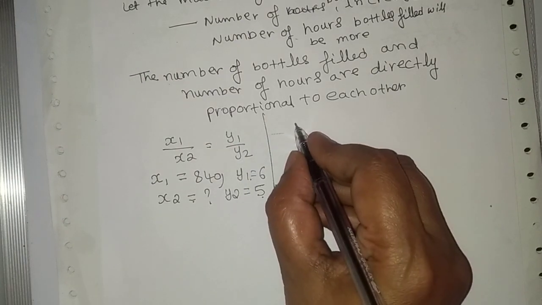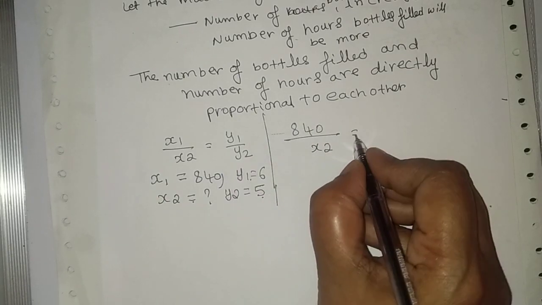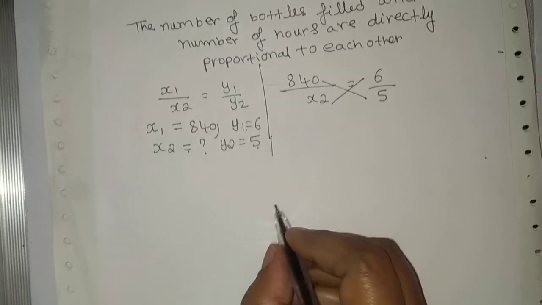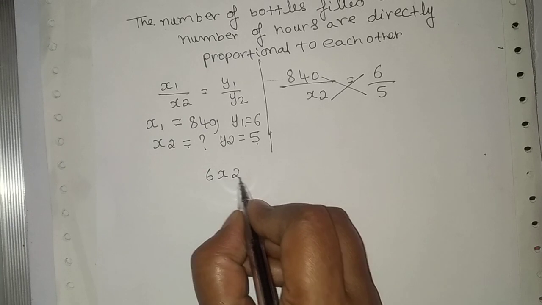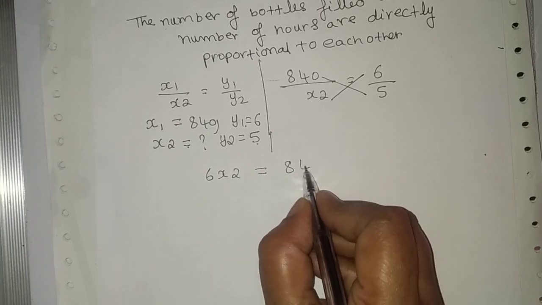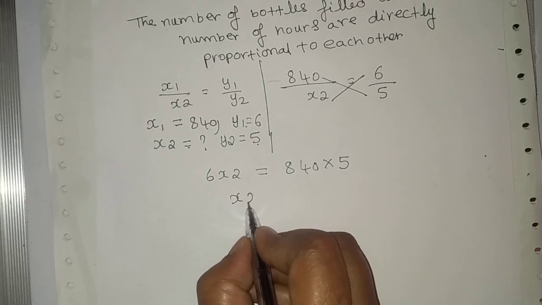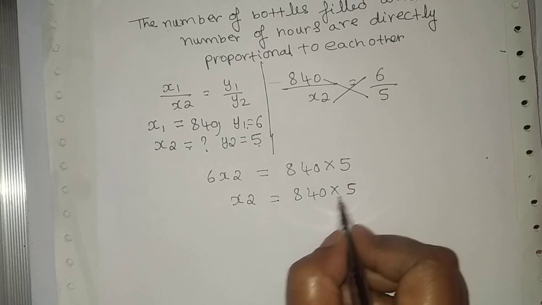Therefore we substitute here: 840 by x2 is equal to 6 by 5. So cross multiply this. Therefore 6x2 is equal to 840 into 5. Therefore x2 is equal to 840 into 5 by 6.